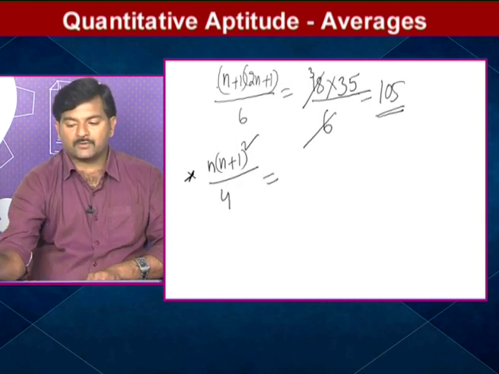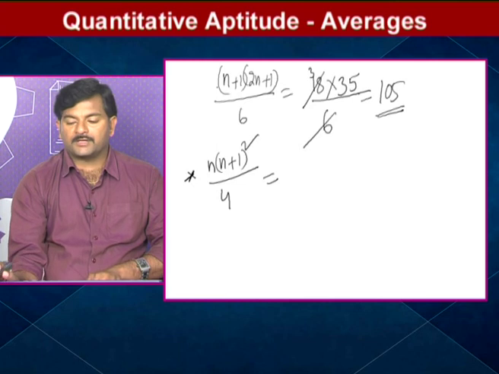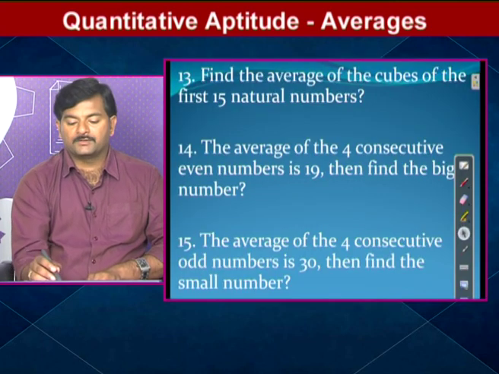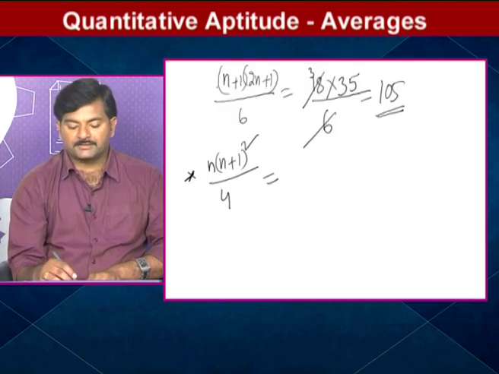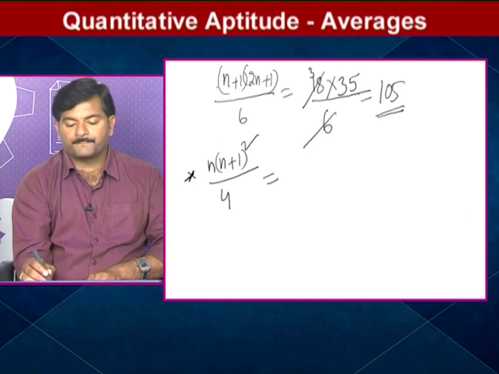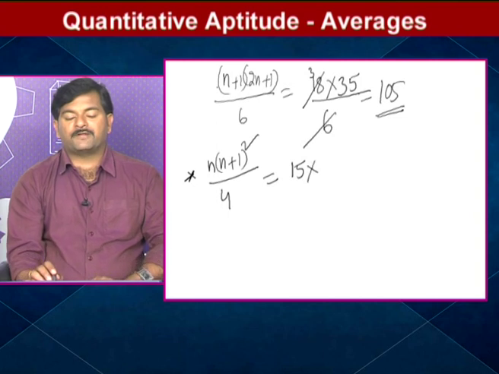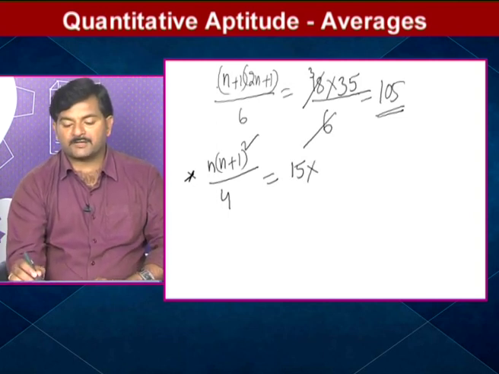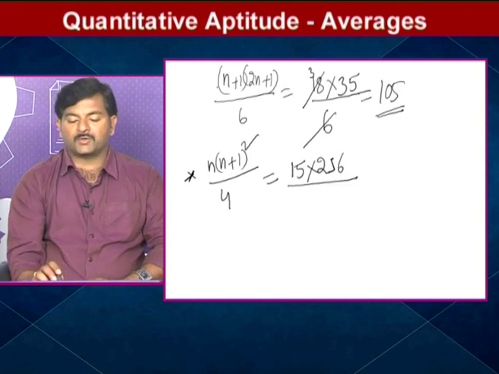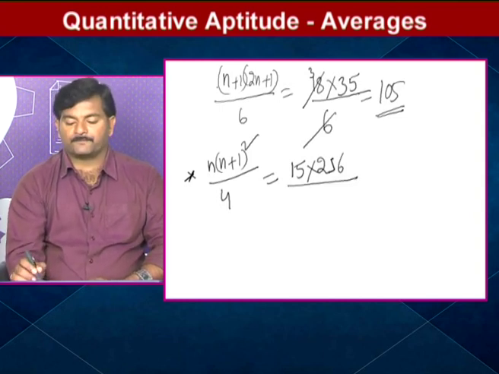Here n equals 15. So 15 into 15 plus 1, 16. 16 square means 256 by 4.